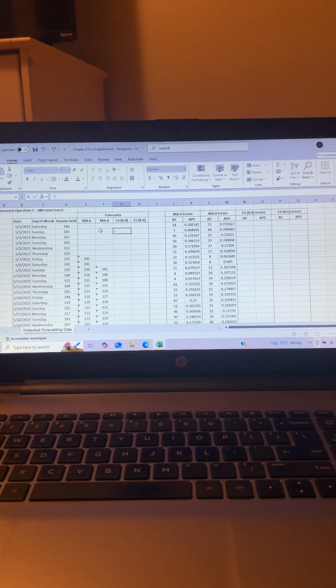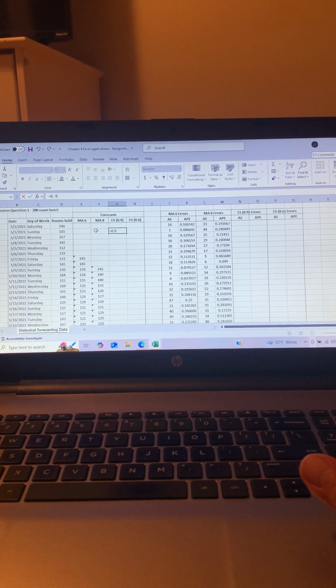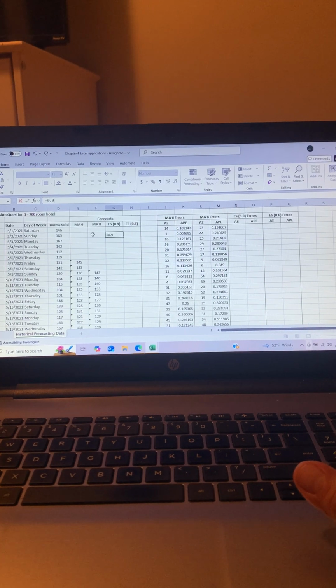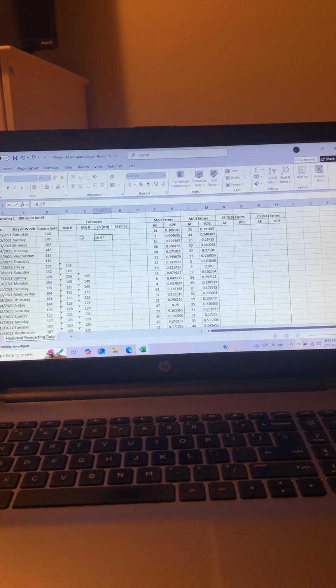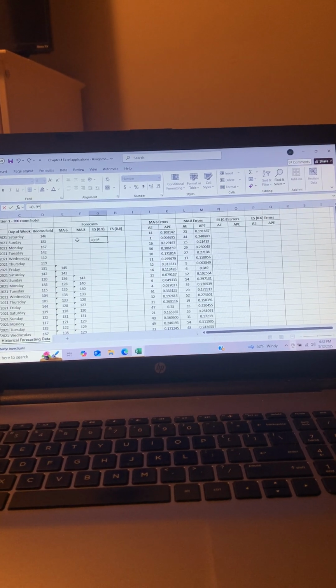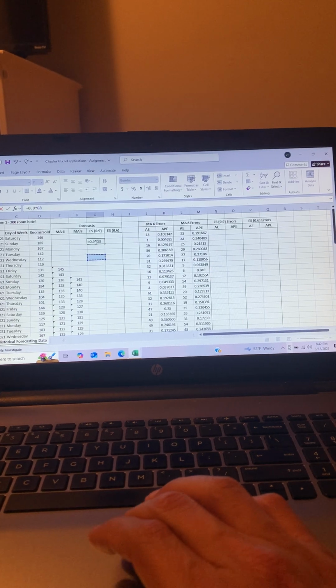So the equation would be equals then alpha, which here is 0.9 times... wait a minute. Oh, I forgot to mention that.